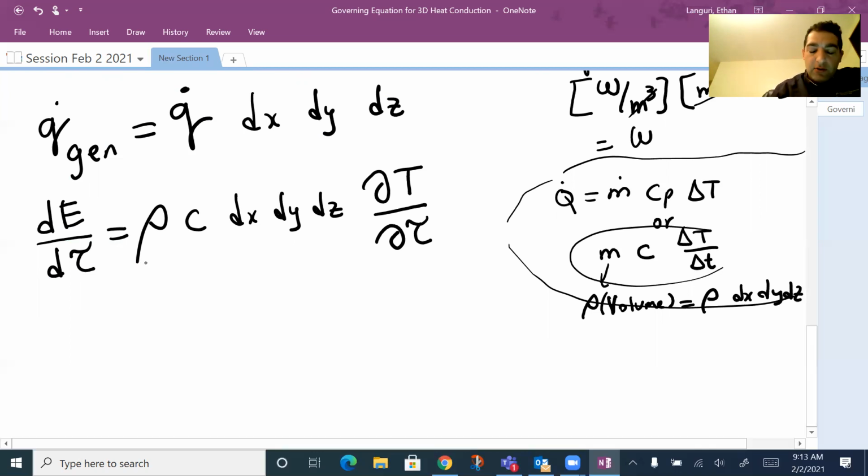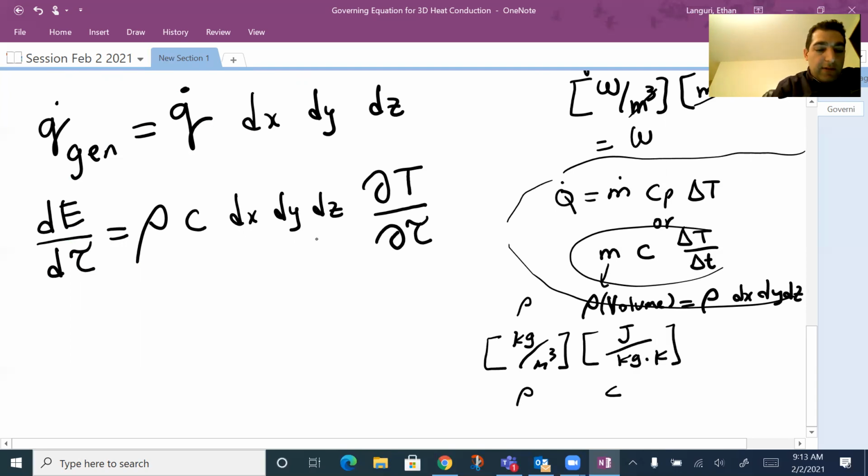And by the way, let's quickly see what is the unit of density. Unit of density is kilogram per meter cubed, right? That's the unit of density. What is the unit of C? I can show it here. Specific heat is joule per kilogram Kelvin.